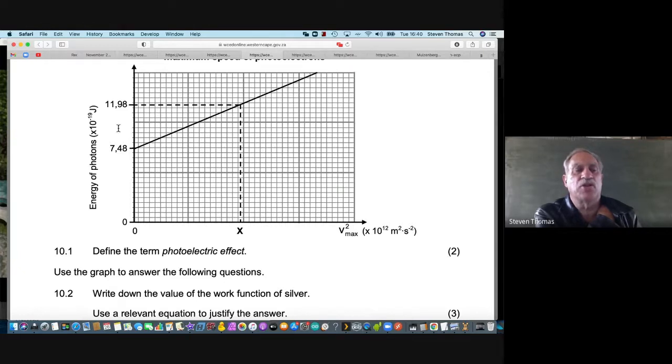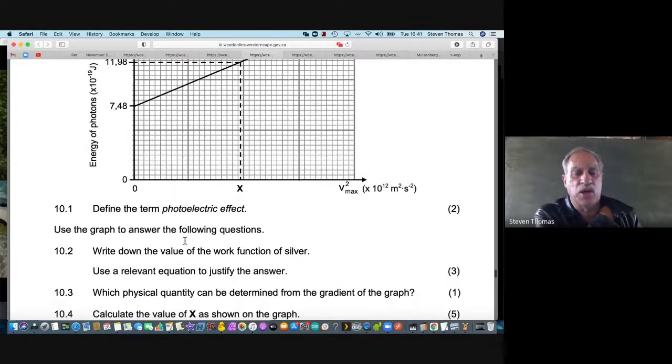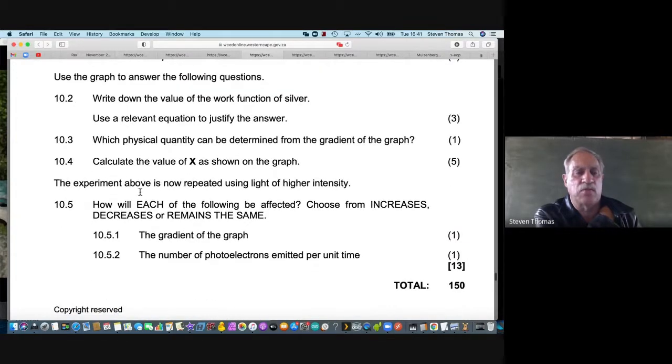So you're going to take whatever that amount of energy is, and turn it into a half times the mass of the electron times v squared. And then you're going to be able to find v squared by that difference divided by half m. So you're going to do that to calculate x.